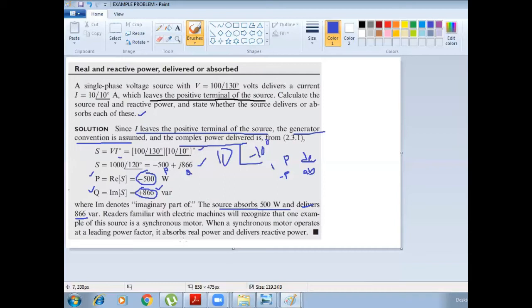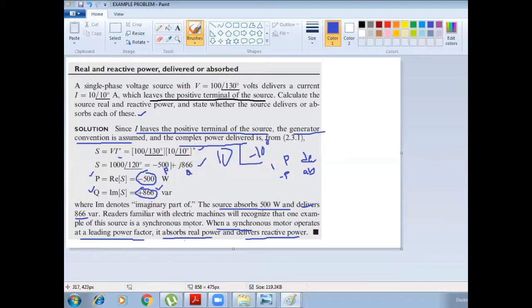This is the case where the synchronous motor operates at a leading power factor. In this condition, it absorbs the real power and delivers the reactive power. That's why the synchronous motor operating at a leading power factor at no load delivers reactive power, so that the power factor will be improved. That's why we use the synchronous motor operating at a leading power factor.